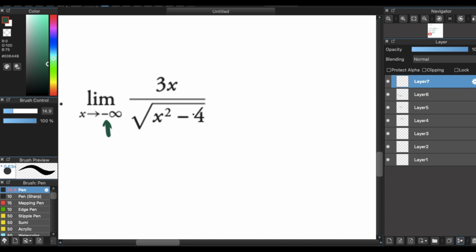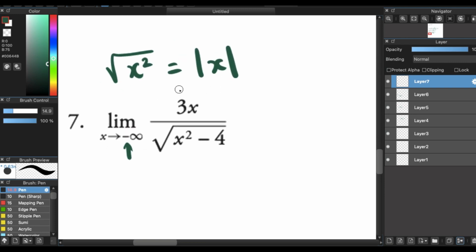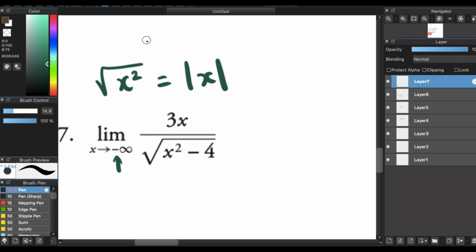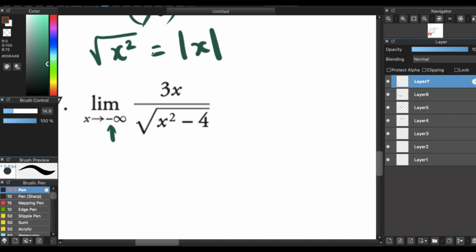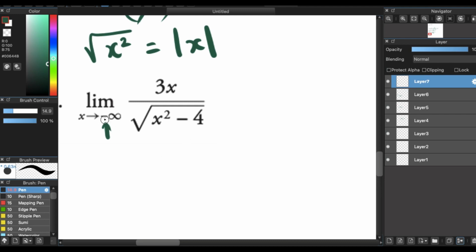But you gotta remember that this square root symbol always represents the positive value, right? It's always positive. So here we're going to be cautious. So in this case, we're going to rewrite the function like this.